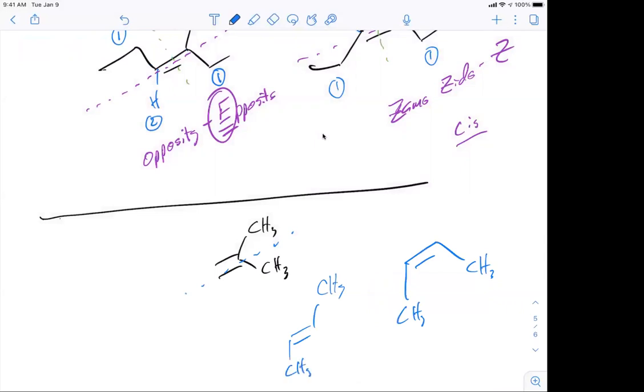So here you can just look at what the groups are on the same side, but as far as E and Z, you should follow the CIP nomenclature protocols. That's the best way to get the right answer. For cis and trans, sometimes they'll define it as having the same group on the same side or the same group on opposite sides. Okay, thank you.